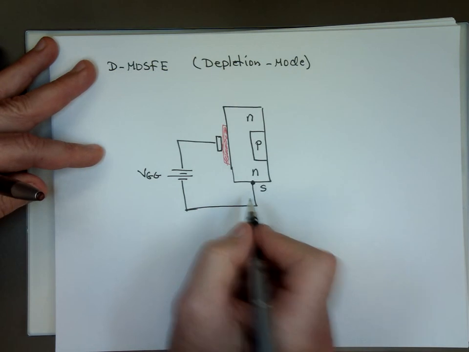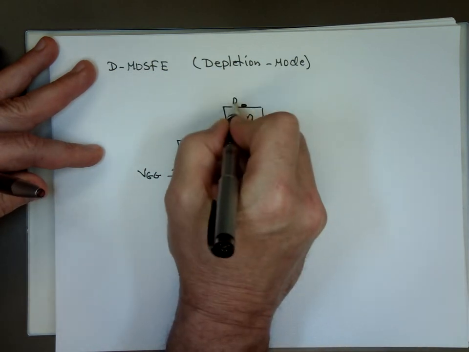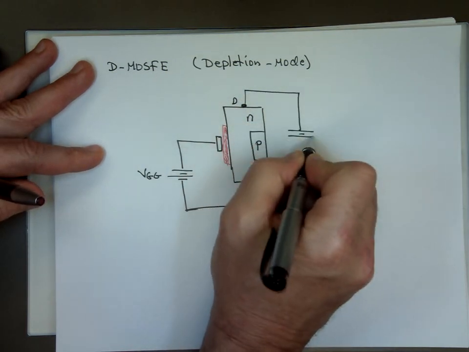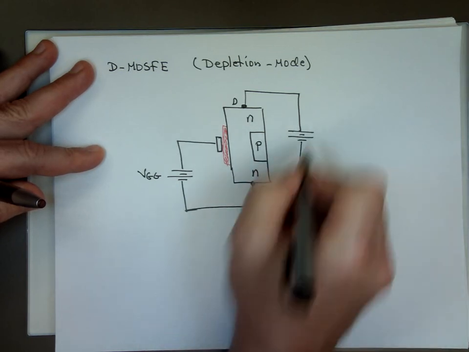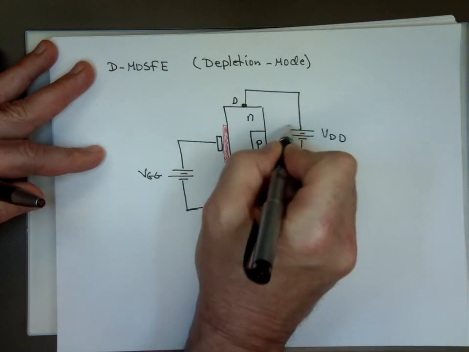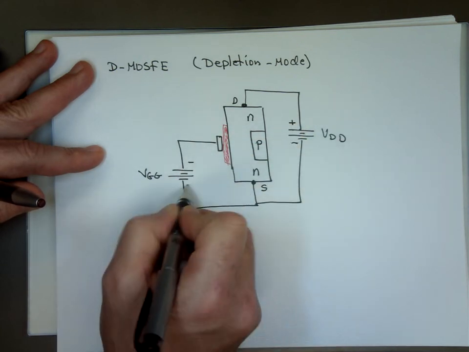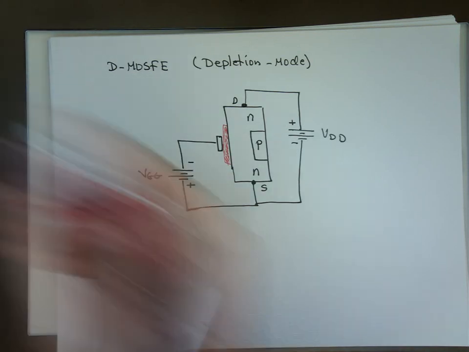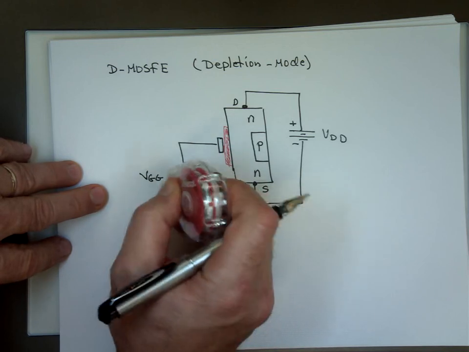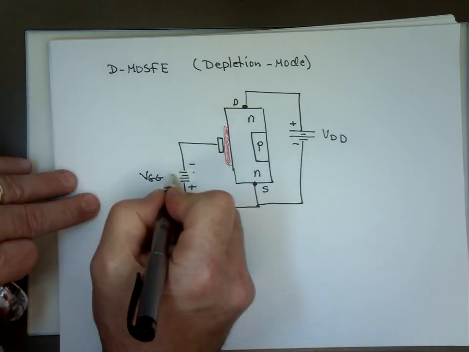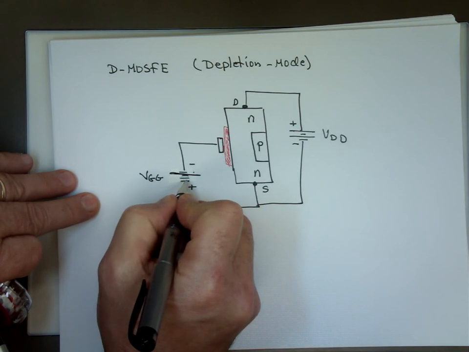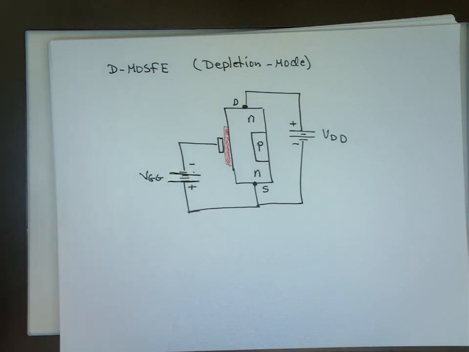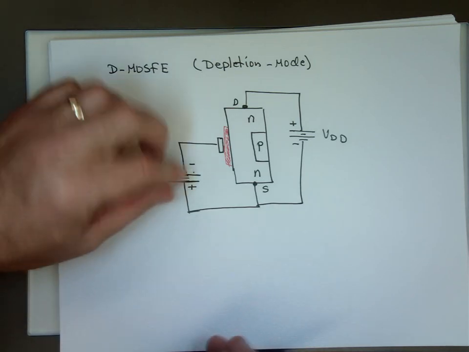This is the drain, and I'm going to attach it to another voltage source, VDD. Notice this is positive, negative, where this one is negative, positive. I drew the picture a little bit wrong here. Let's look at that scenario, then I'll flip this one and see what will happen, plus to minus.